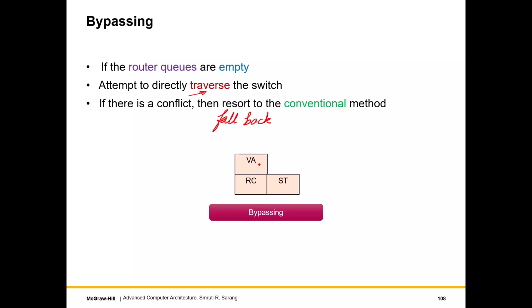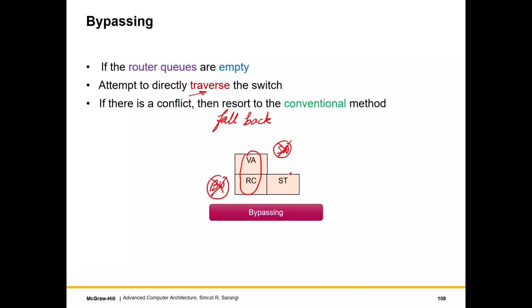In this case, VA and RC still need to be done, but the buffer write stage which used to be there is skipped. The switch allocation stage which used to be there also is skipped, because we directly try to take one of the free input ports of the switch and traverse, and of course we have a collision detection circuit.